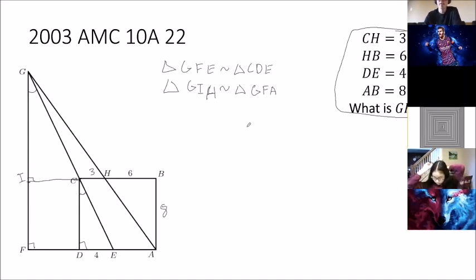And you can find a lot of other similarities in this picture as well. For example, you can even use this small triangle here. Triangle GCH is similar to triangle GEA. So what your task is going to be is to use some of the similar triangles in this diagram to actually find out what GF is.